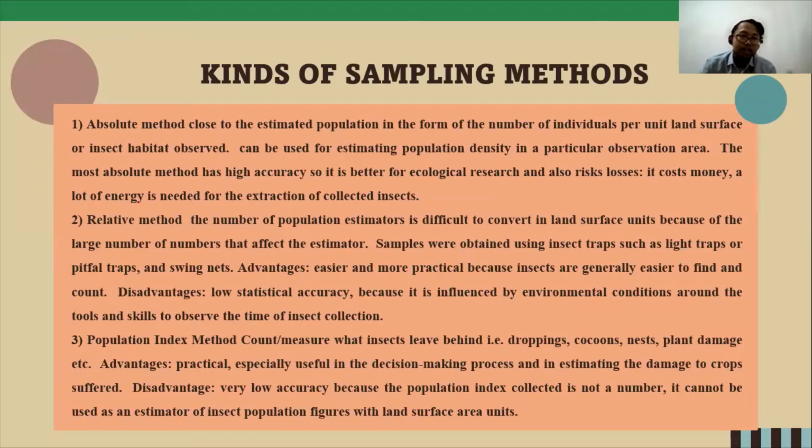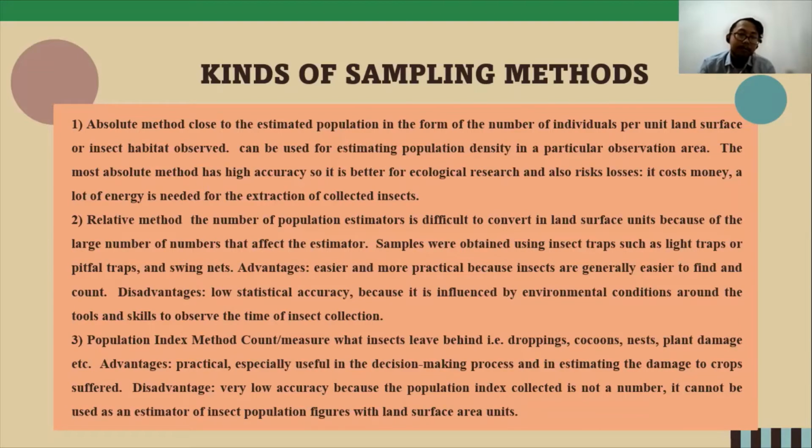Advantage is easier and more practical because insects are generally easier to find and count. Disadvantage: low statistical accuracy because it is influenced by environmental conditions around the tools and skills to observe the time of insect collection.